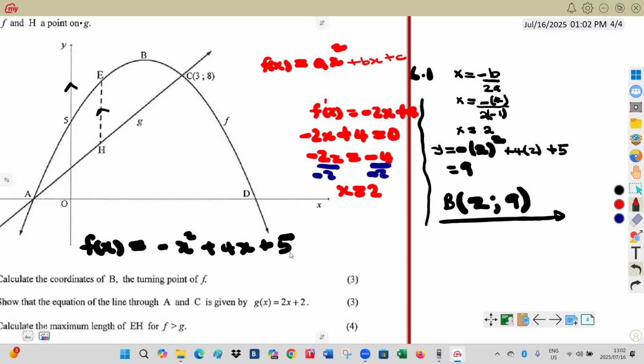Once you get the x value, substitute in the original function to get the corresponding y value. Then you write our answer in coordinate form as required there. Then we go to the next question.